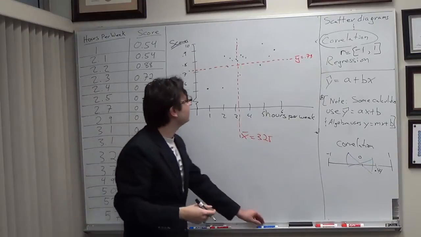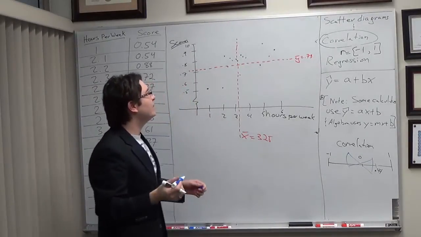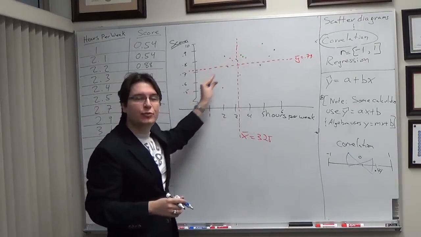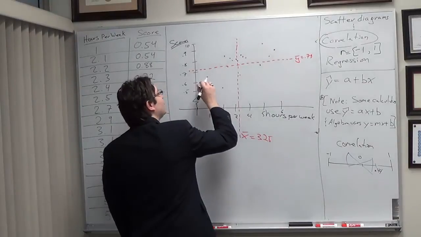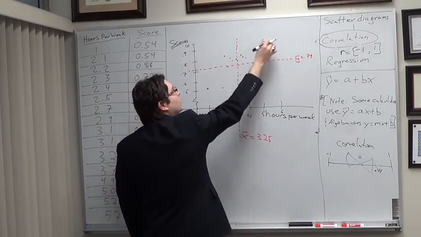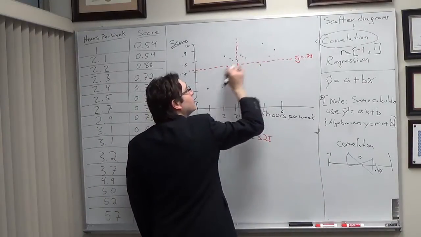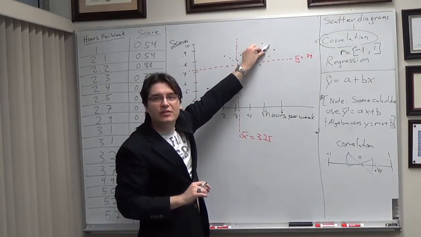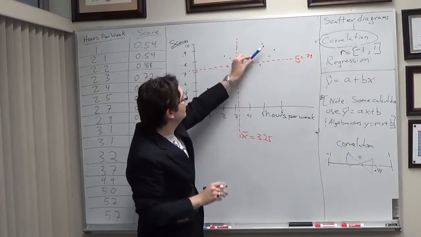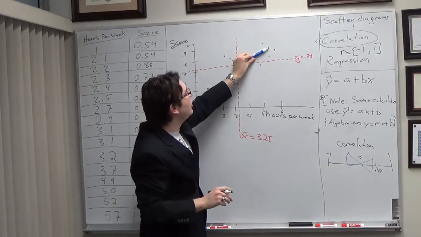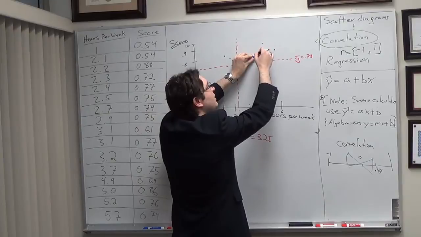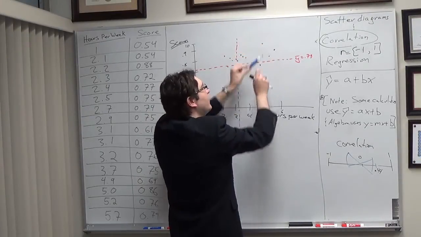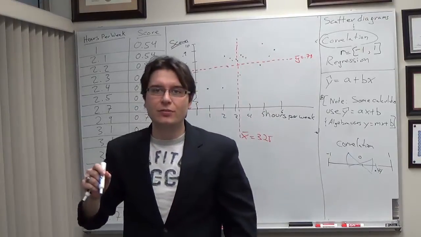So notice, if we were to make a least squares regression line and try to overall fit something between these dots, I would expect to have a line that looks something like going through here. And if I did that, certainly in this right quadrant, my line would be doing something like this. And notice that in general, I would be getting some more accuracy for some of my points than if I just used the point estimate of 0.73.